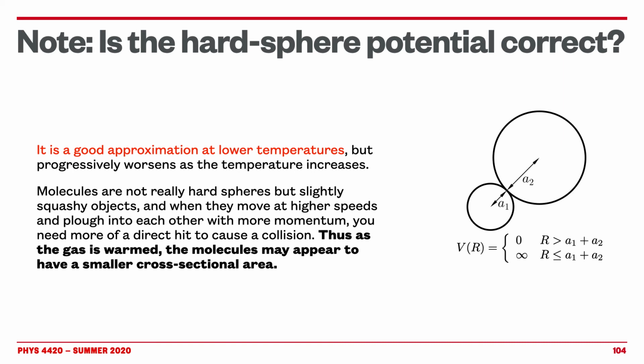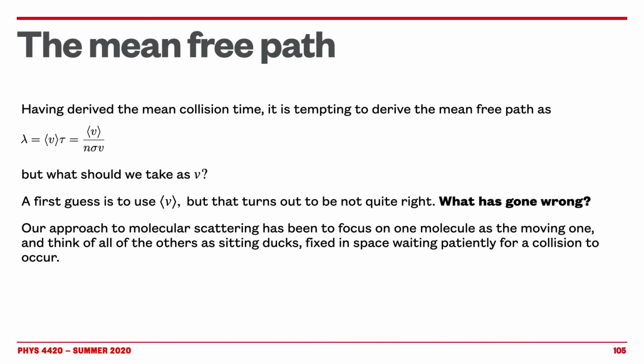Because when the temperature gets higher, that means that the velocity of the particle gets higher as well, and the interaction between two particles will only happen if you have a head-on collision. In other words, the cross-section appears to be a bit smaller at high velocity, which corresponds to high temperature. So basically, sigma is pretty much constant at low temperature, gets smaller at higher temperature, but it's a pretty good approximation. Now we can move to the other topic, which is the mean free path.